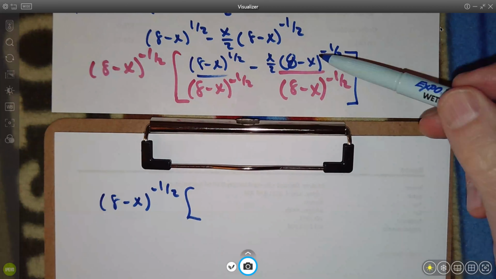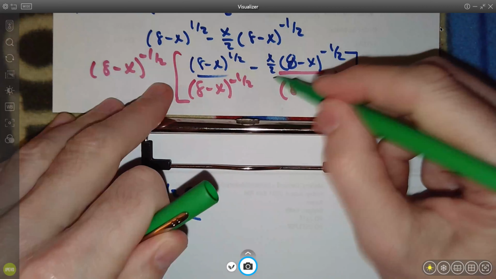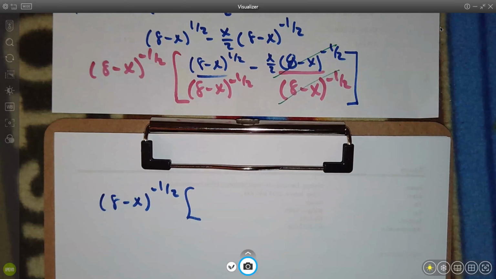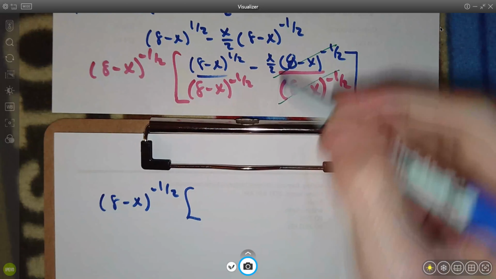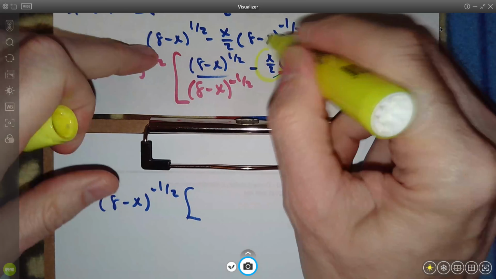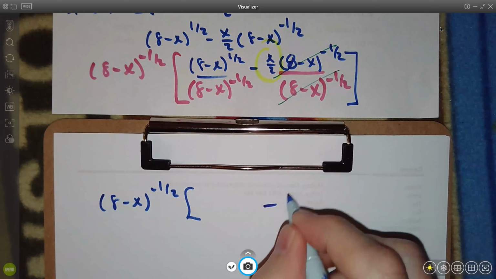Let's start here with the easy part, because something nice is going to happen there. That whole term is going to cancel itself out. So that leaves me with just that little piece right here. So minus x over 2.